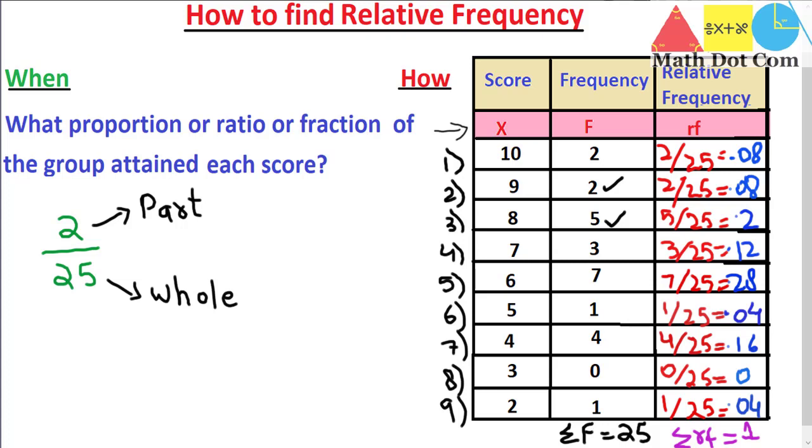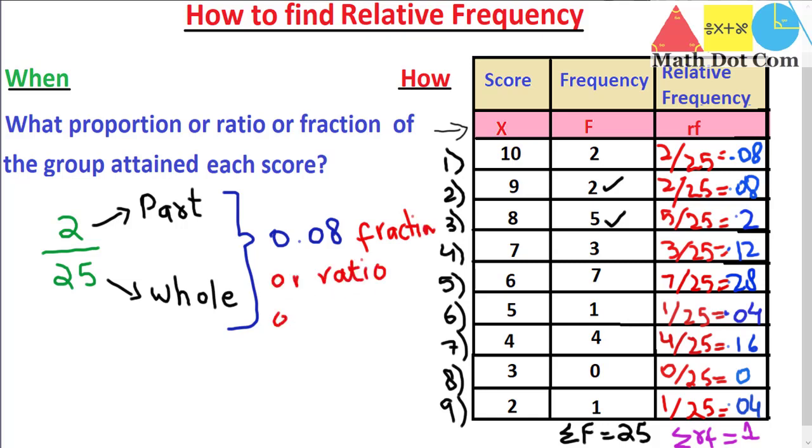So when you need to find this, you can easily tell it by using the relative frequency, that is 0.08, a fraction or ratio in terms of 2 by 25, or proportion of this group.